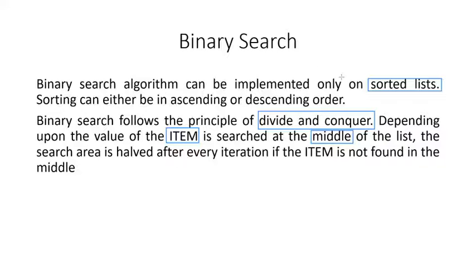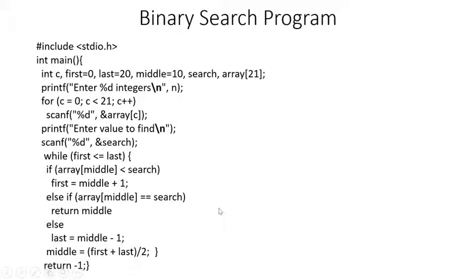So we will see further, and things will be clearer to you with the help of a program and an example. So this is the program of the binary search algorithm. Let's have a look at the program. In this, we are going to create a list of 21 elements. As you can see, the list has been created with the help of an array.